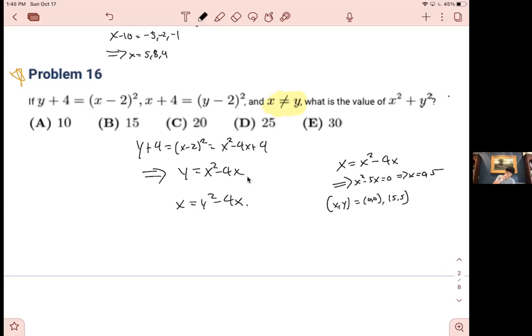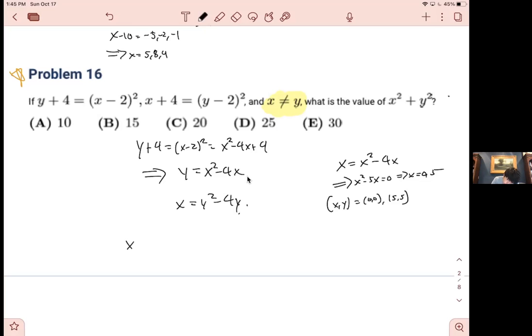Okay. Now that we have that, we know two roots, and based on that, we can confidently do this.